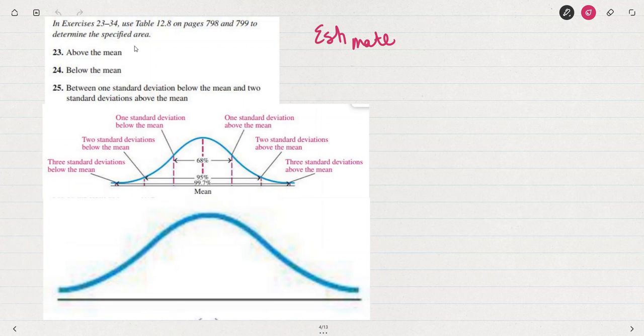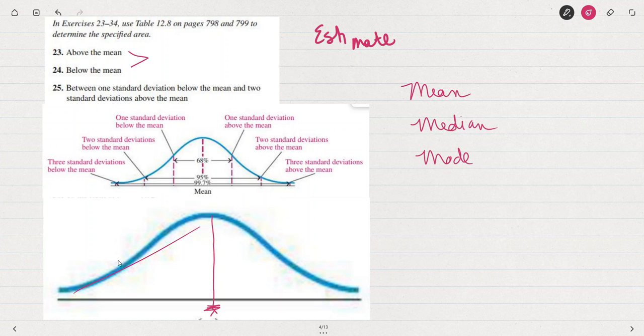Well, for 23 and 24, it's not an estimation. It will be a precise answer, because when we put our mean in, because the mean, median, and mode are all equivalent in a normal distribution, what we know is that 50% of all the data lies below and 50% of the data lies above the mean.